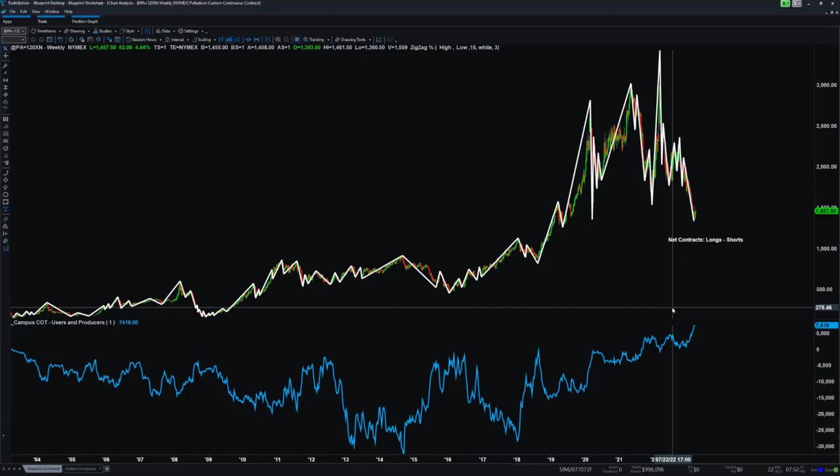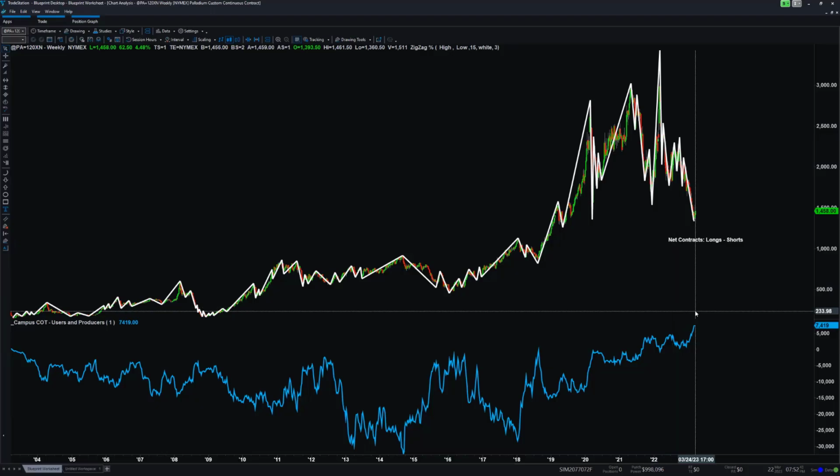However, that's why looking at the commercials is so beautiful, because they're not speculators. They're business people. They take rational decisions, and when they as a group are at extremes, we really want to be paying attention. So now I'm going to show you what an extreme looks like, by looking at the net positions first, and by looking at palladium first.